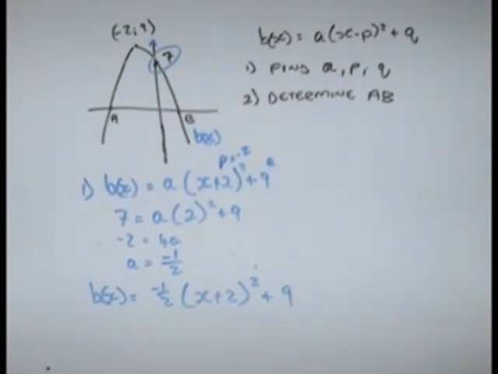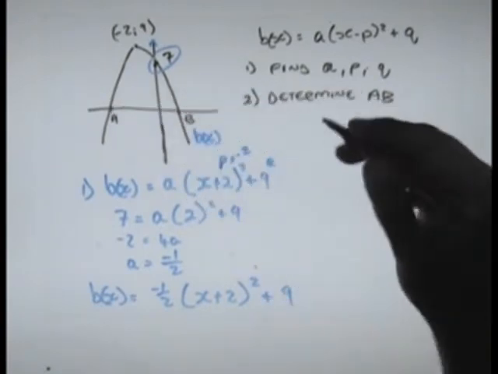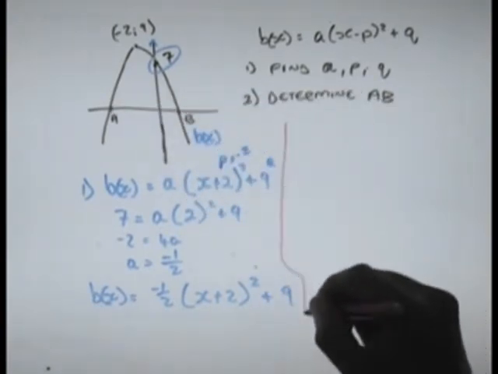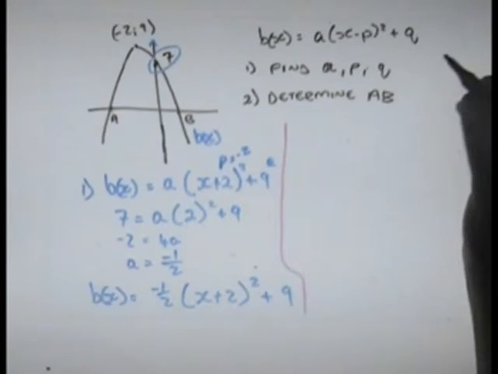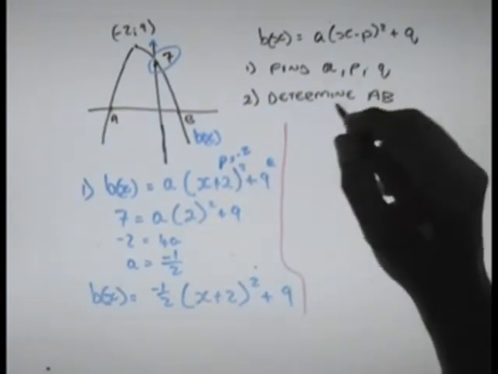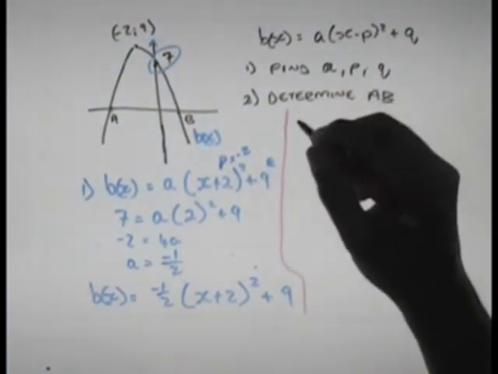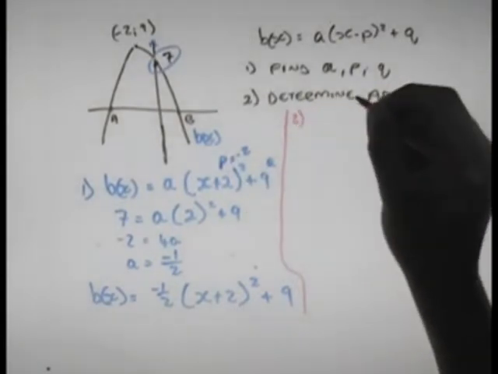The second thing that we had to do was determine AB. Now both A and B are our x-intercepts. Our x-intercepts happen when y is equal to 0.